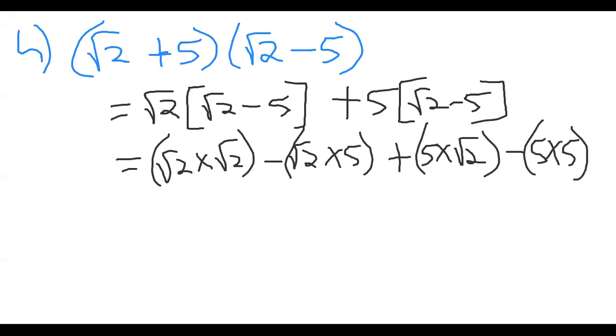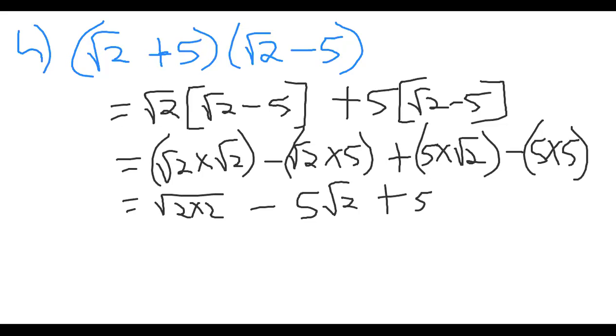Why am I having a minus? Because of this positive times this minus, you get a minus. So this is the same as root of 2 times 2, minus root 2 times 5, which gives minus 5 root of 2, plus 5 times root of 2, which gives 5 root of 2, then minus 25.